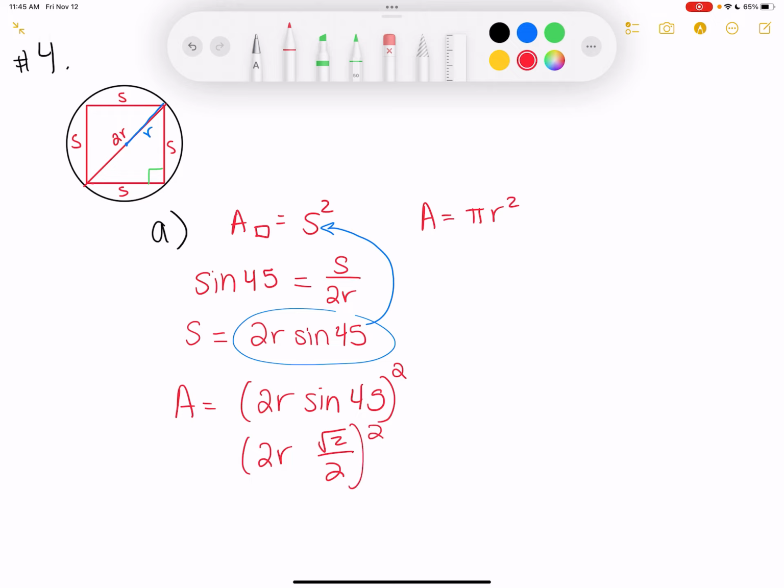You can either cancel your 2's now or wait until after you've squared it, but I would just go ahead and cancel them since everything's inside. That leaves me with squaring the r and the square root of 2, so I end up with 2r squared is equal to A. So the area of the square as a function of radius is A equals 2r squared.